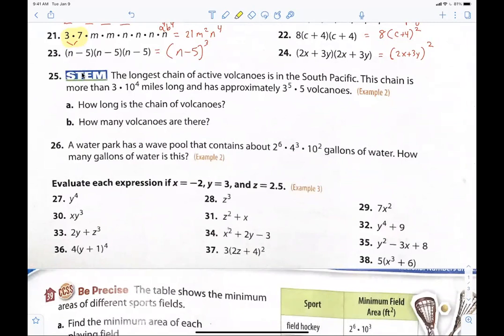You just type that right on the calculator. 30,000 miles. That's right.